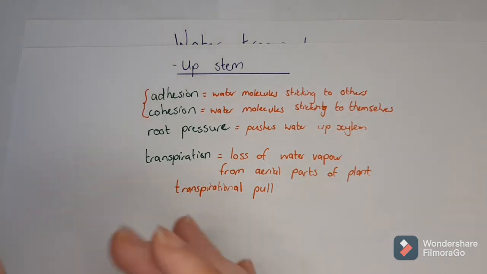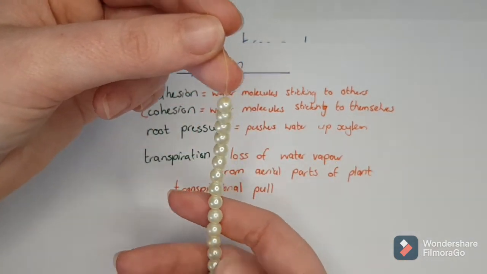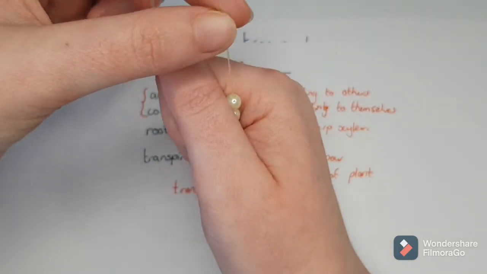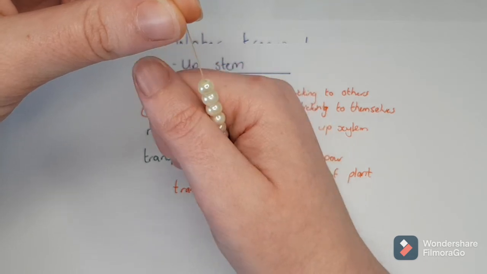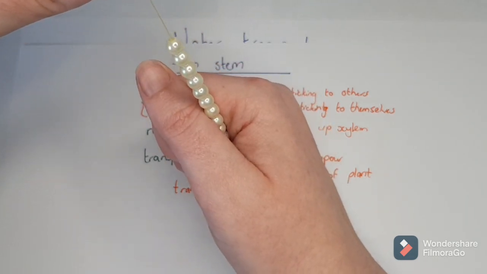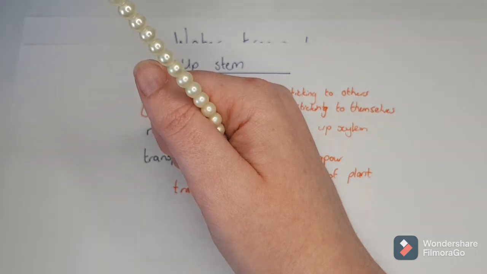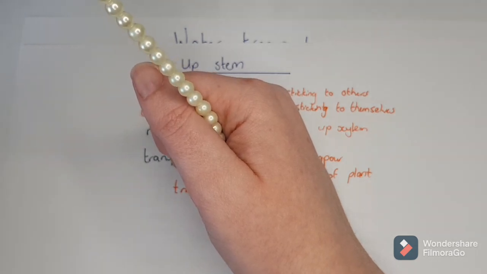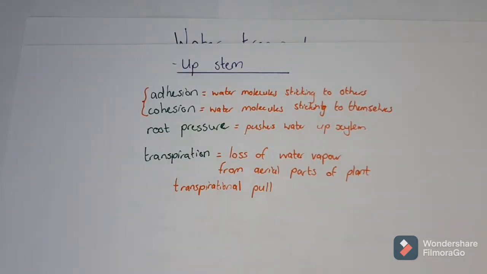So if I have, for example, a string of something all attached to each other, and I think of that as my xylem, as I pull the one through transpiration, because they're all attached by that cohesion, one of them moving is pulling all the rest. So that's how our water is going to move up by transpiration.